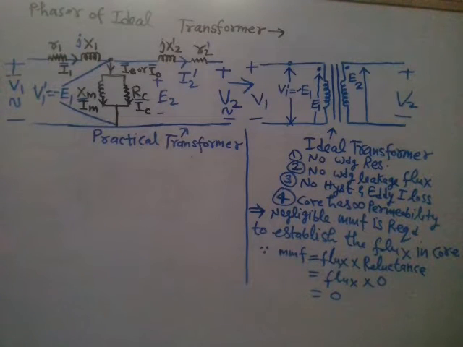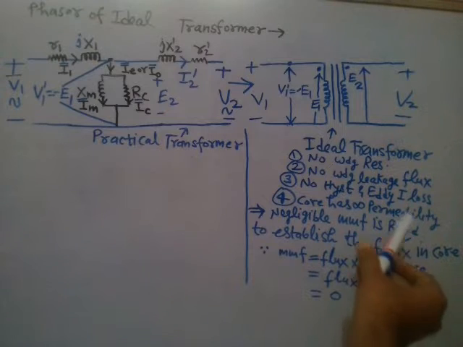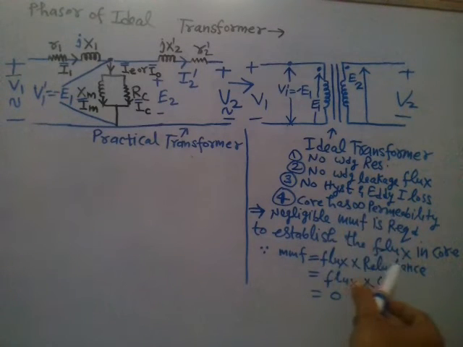What is the meaning? Negligible MMF is required to establish the flux in the core in an ideal transformer. In a magnetic circuit, MMF is equal to flux into reluctance. Reluctance is the inverse of permeance, so if permeance is infinite, then reluctance is zero.